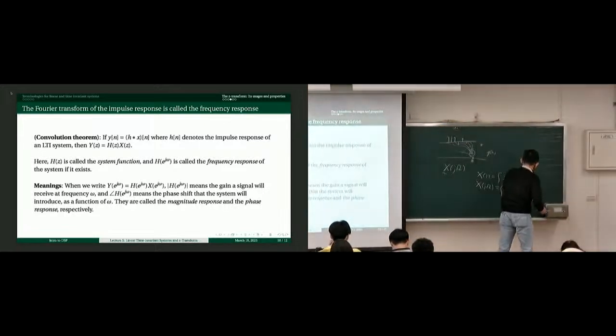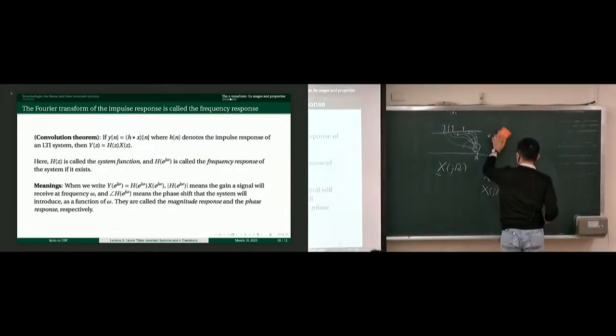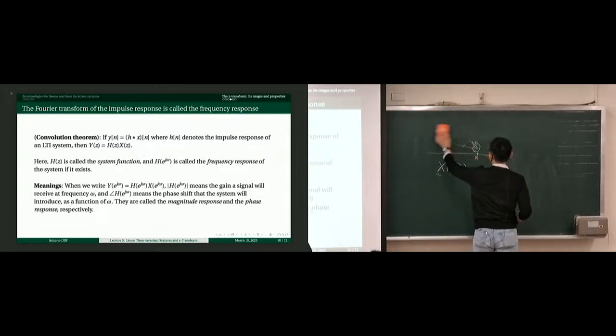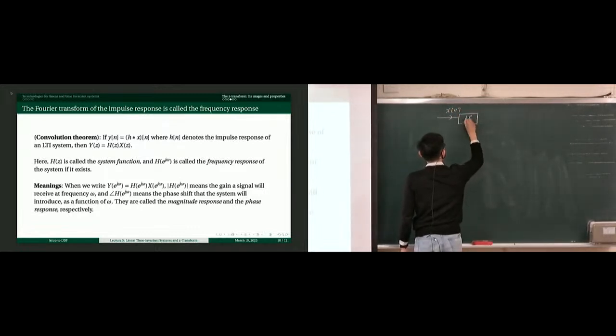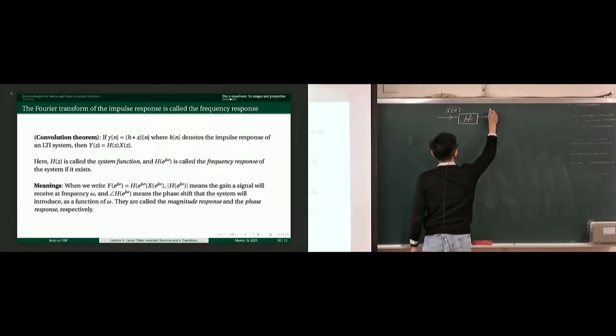But then, what's the implication? What's the insight that we can learn right here? So we have the input in time, and there is an LTI system denoted as H, and it produces the output y.